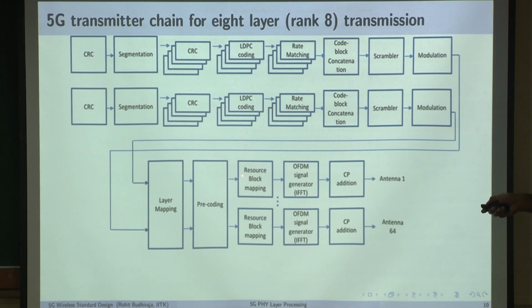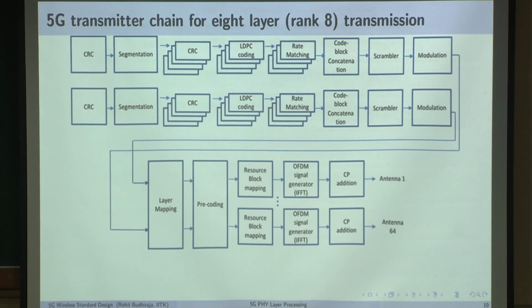But how many such resource grids will there be? 64. That is not changing. Whether you transmit 1 layer or 8 layers, if it is a 64 antenna system, you have to do this processing. If it is 1 layer, the precoder will be 64 cross 1. If it is 8 layers, the precoder will be 64 cross 8. But the output of the precoder will always be a 64 cross 1 vector.